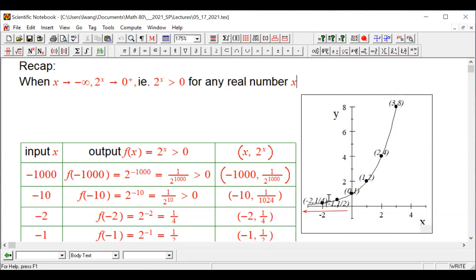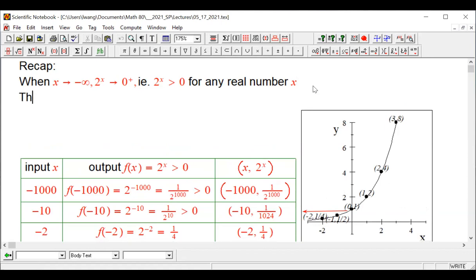As x gets larger and larger, as you can see, the curve is always above the x-axis. In fact, the entire curve is above the x-axis, which means that 2 to the power of x is positive. It will never, ever touch the x-axis.